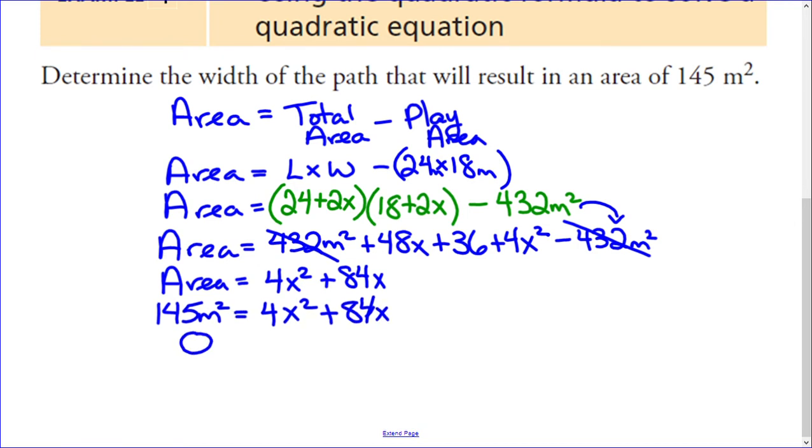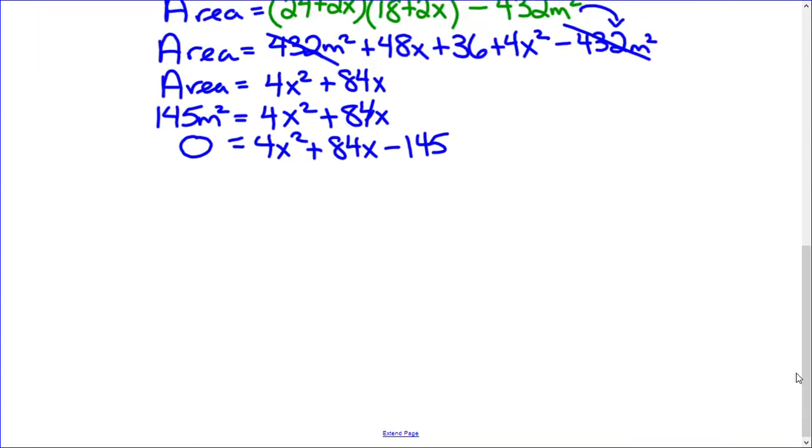And so if I were to look for a 0 for this, 4x squared plus 84x minus 145 square meters, or my constant, 145 in this case. So when I look at that right away, there's no easy common factor to go through or to figure out, so I really just need to punch it into the quadratic equation and see what I get for an answer.